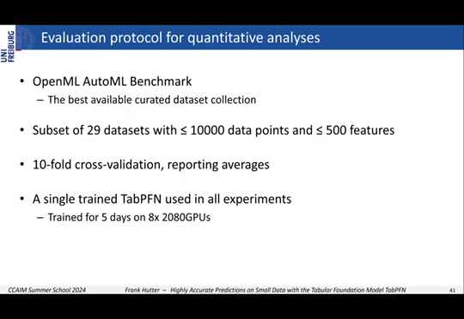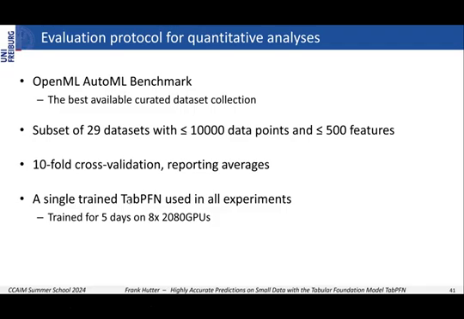So we don't care if there are missing values, categorical values, outliers, uninformative features, etc. The goal is really to work for any dataset up to this size, so 10 times larger than last time. And then we do tenfold cross-validation and report averages.